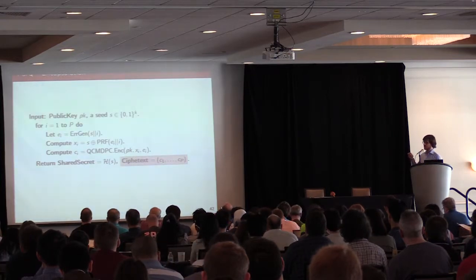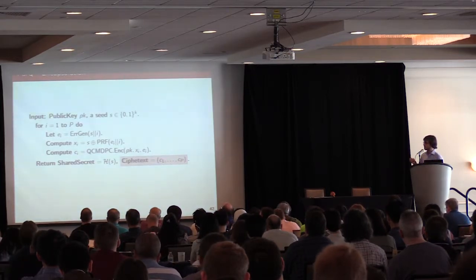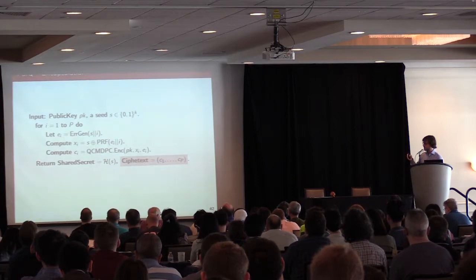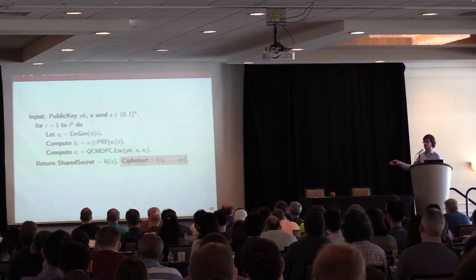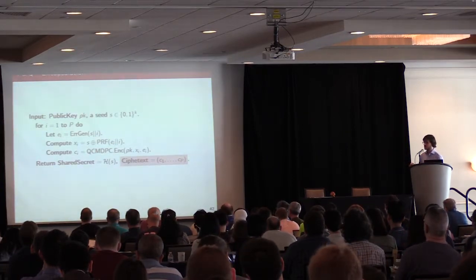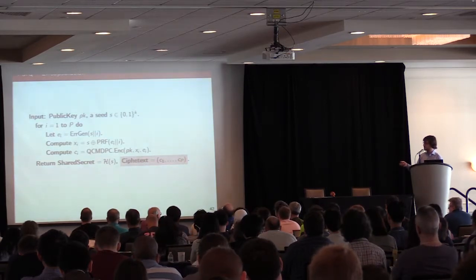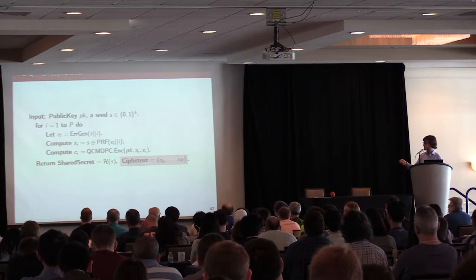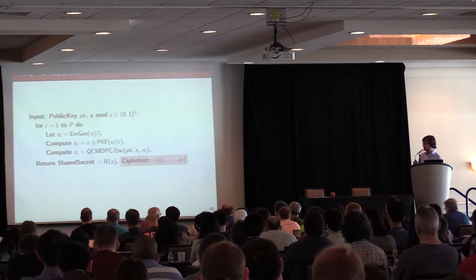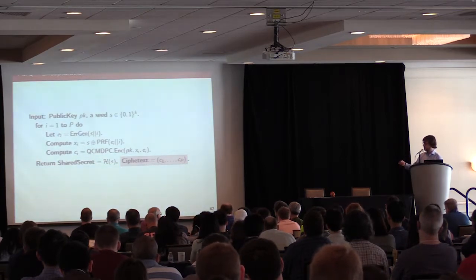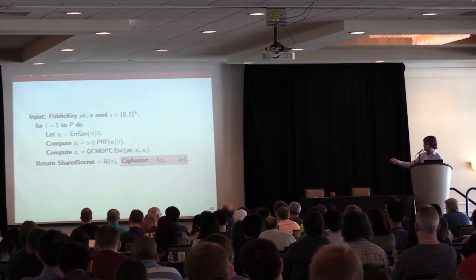It's a new key encapsulation mechanism that consists in enciphering several independent ciphertexts. Instead of just giving one QC-MDPC encipherment, you take several different ciphertexts, and your ciphertext will be the P different ciphertexts C1 to CP.